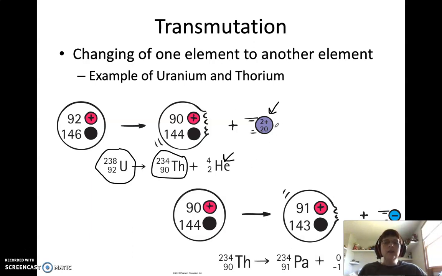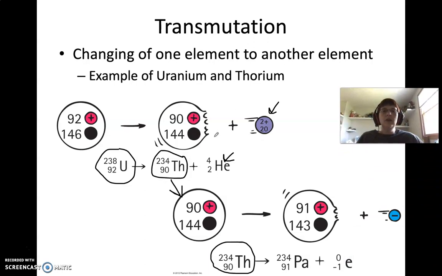And then this thorium is actually going to transmutate again. Thorium is also a radioactive element, and so it's got the 90 protons, 144 neutrons in thorium-234. It's going to undergo transmutation, but this time the transmutation's a little different.